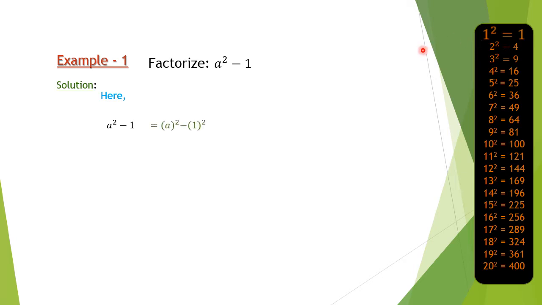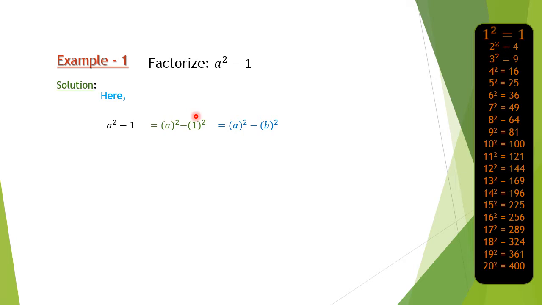Now a is already in the form of a square, so we use brackets and write it as a whole square. And now our question is in perfect form. It is in the form of difference of squares, which we can write as a square minus b square.